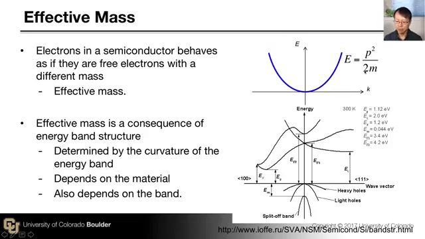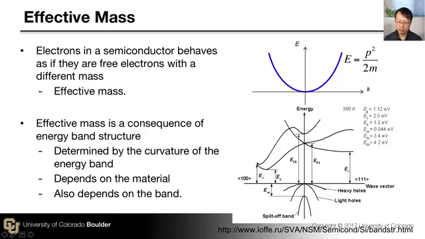And if you plot the energy band structure of a semiconductor, energy versus k vector, then you will see a lot more complex behavior, but near the band edge, near the top of the valence band shown here, and near the bottom of the conduction band shown here, you can approximate this small region with a parabola and apply this equation here for the free space electron.